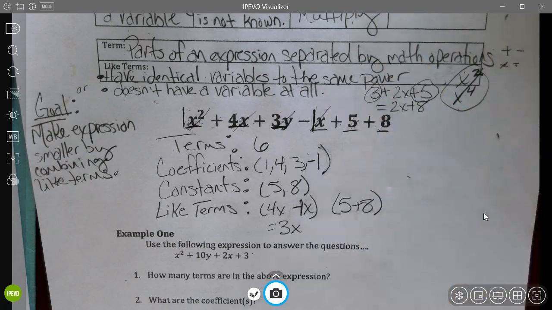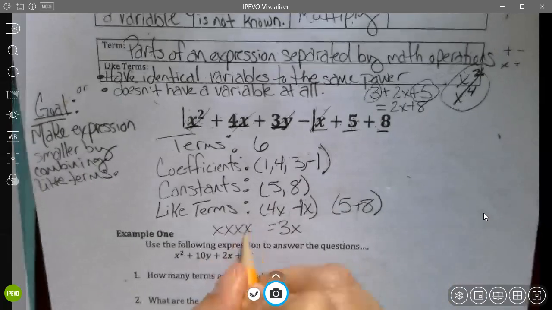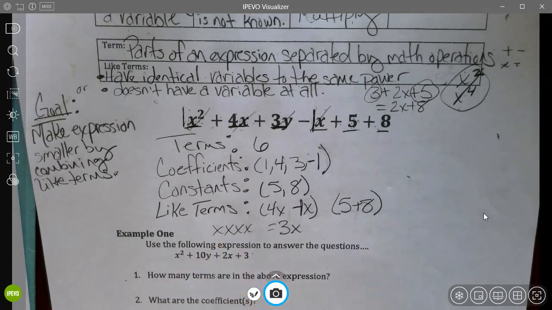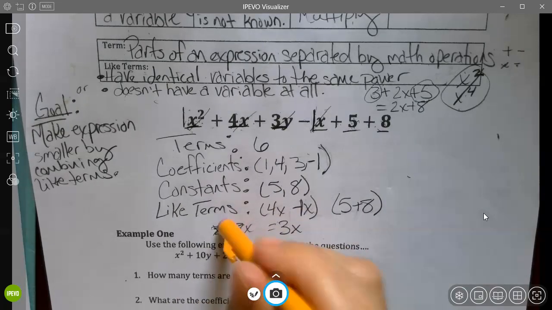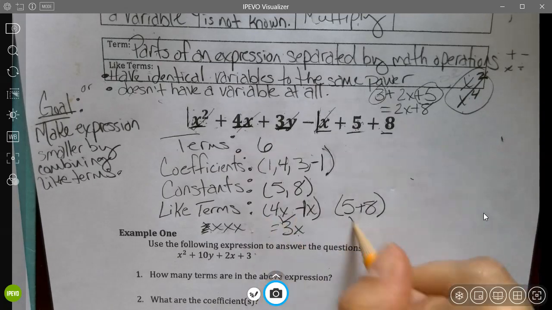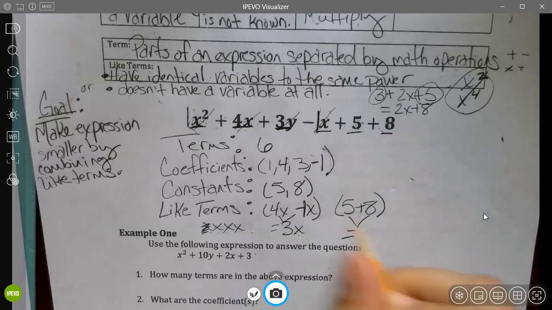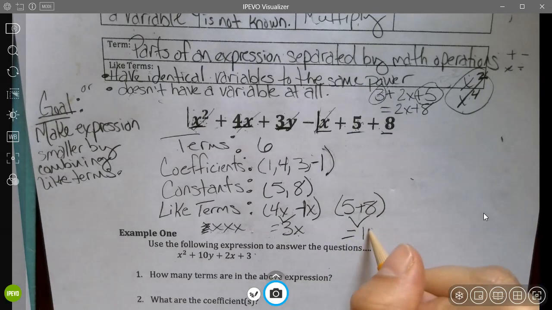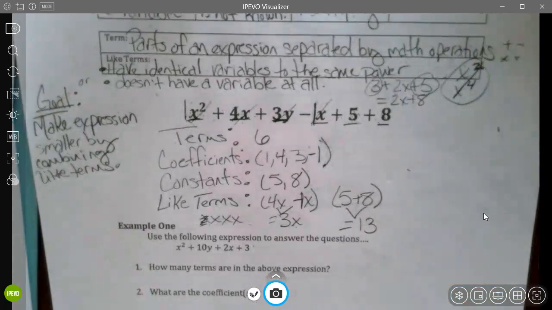If I have 4 x's and I take 1 x away, what am I left with? I'm left with 3 x's. Make sense? And then my 5 plus 8, you've been doing that most of your life. Combine those. 5 plus 8, 13.